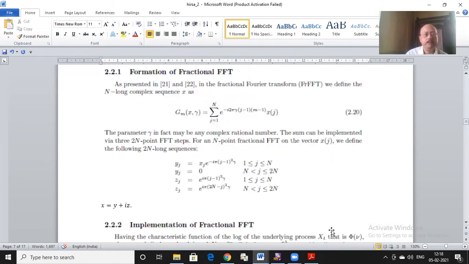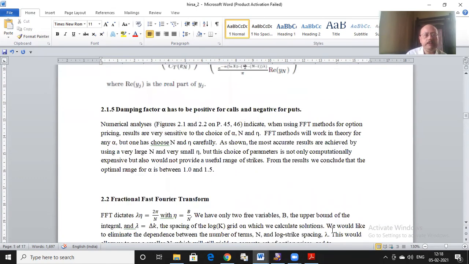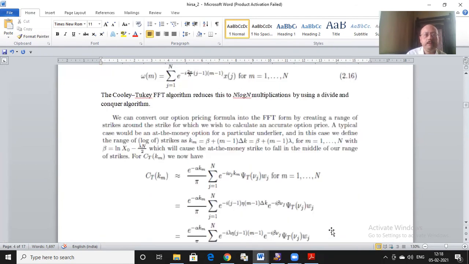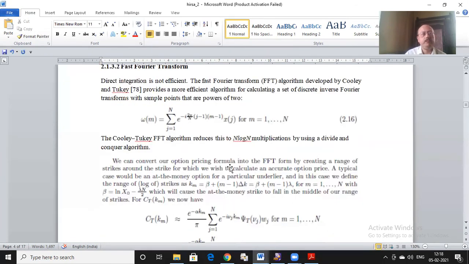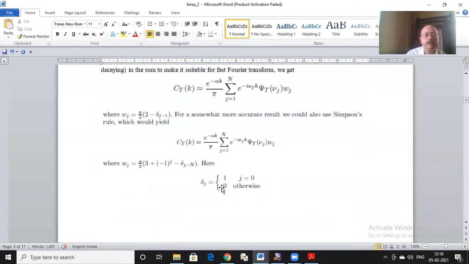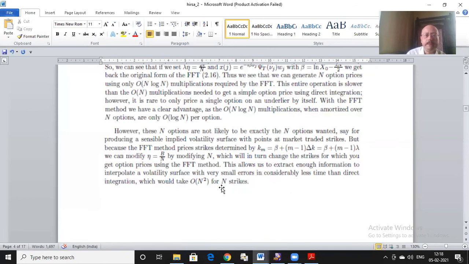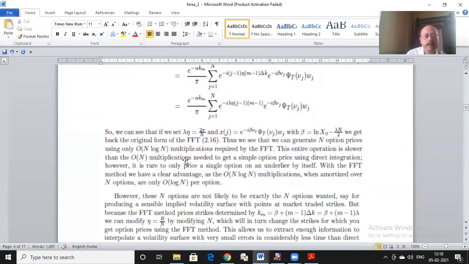Okay, before we close, I will just go back to this routine and talk a little bit about summing it up. So the first Fourier transform that we initially discussed were efficient, but I had this connection that both the grids, the strike price grid and the numerical approximation grid, were linked to each other.